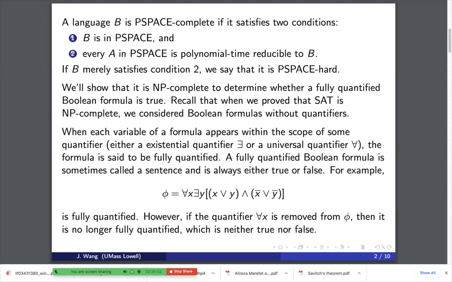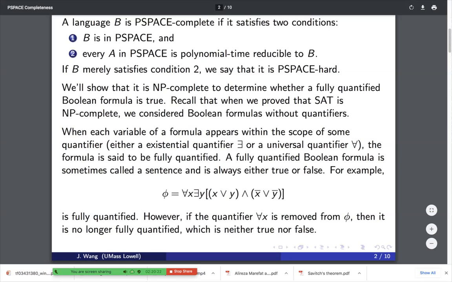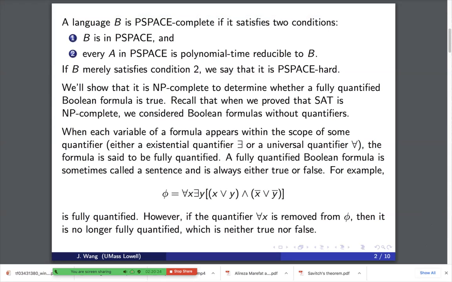However, the next issue is whether PSPACE complete problems exist. We're going to show that it is PSPACE complete to determine whether a fully quantified Boolean formula is true.